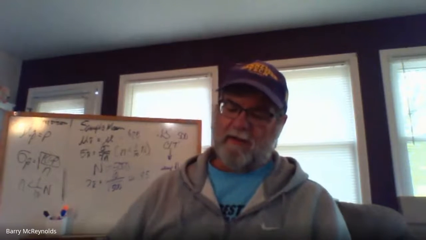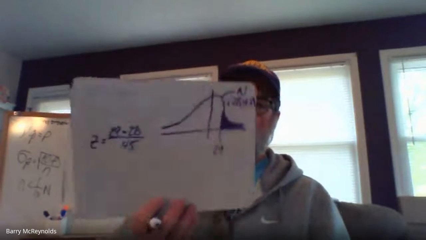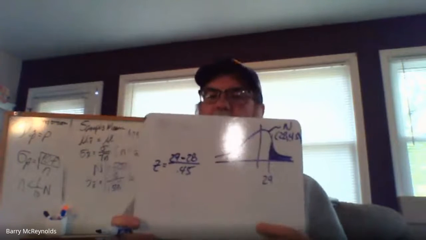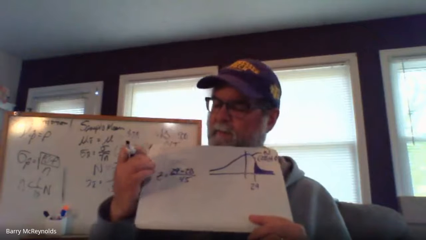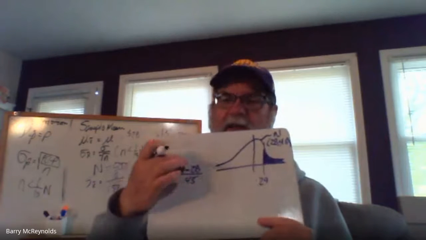But we'll go ahead and calculate the z-score. The z-score is the value we're interested in, which is 29, minus the population mean, which is 28, divided by 0.45. So the z-score is 29 minus 28, all that divided by 0.45.